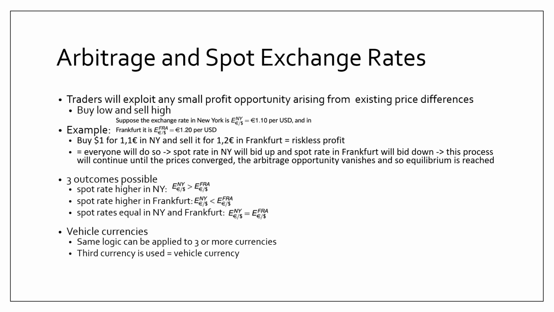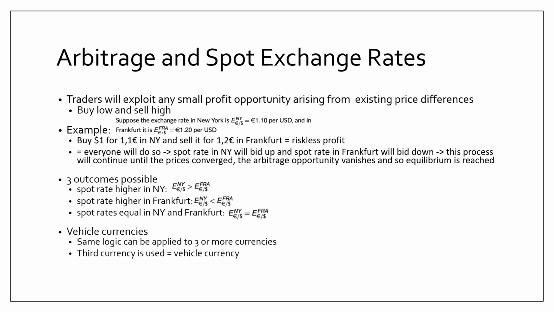For example, suppose the exchange rate in New York is 1.1 euros per US dollar and in Frankfurt it is 1.2 euros per US dollar. Is a profit possible? Yes, of course. Buy 1 US dollar for 1.1 euros in New York and sell it for 1.2 euros in Frankfurt, which equals a riskless profit.